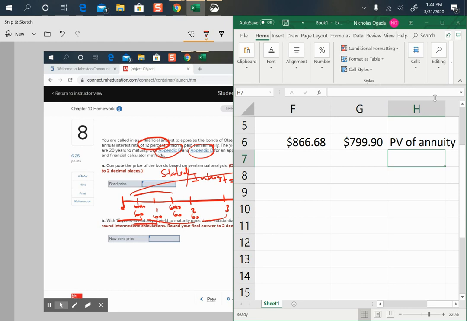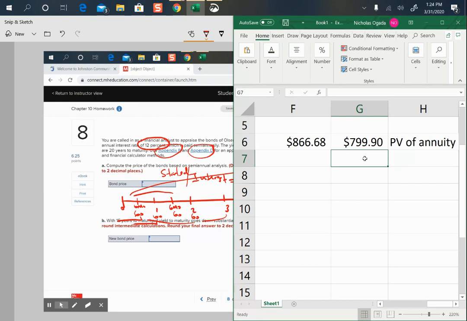And then we also need to determine the present value of the single amount to be received in the future, which is the face value of the bond.